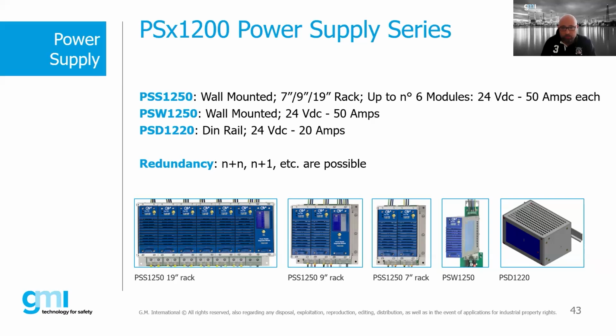All these solutions allow redundancy of the power supply modules to obtain different working configurations. We also have two standalone 50 and 20 amp solutions, which can also be paralleled together to reach up to 10 modules connected in a current sharing bus.